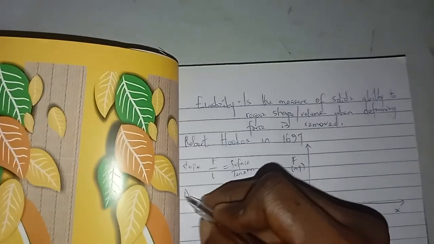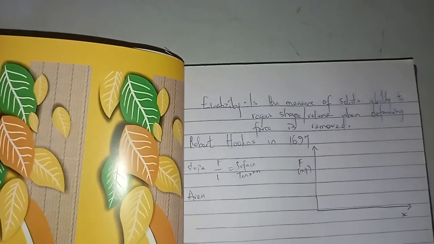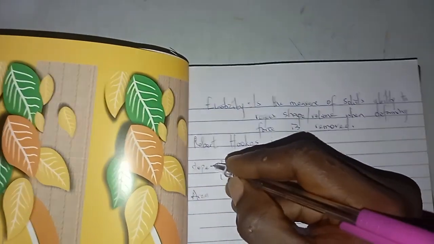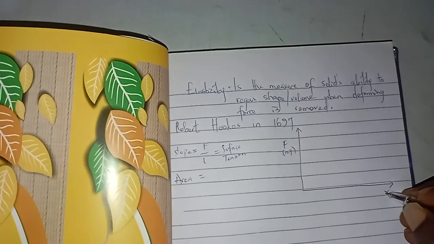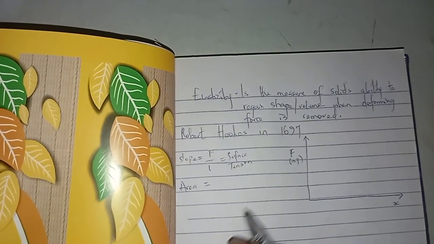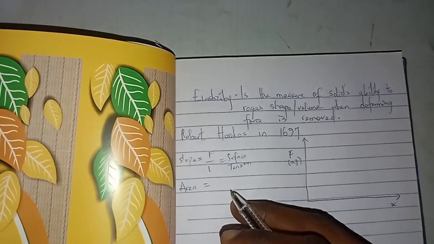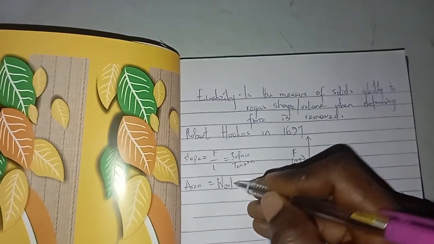While the area is simply the vertical axis multiplied by the horizontal axis. That is why it's meters squared. If I'm having F on the vertical axis and X, which has L as its dimension, when you have force and length multiplied, it is the same thing as work. So the area of this graph is work done.